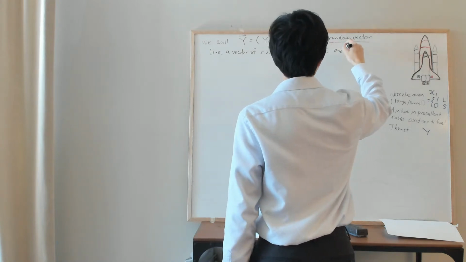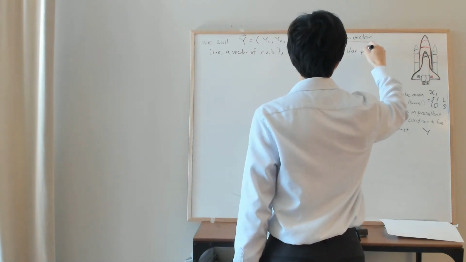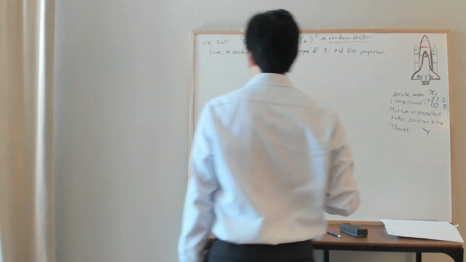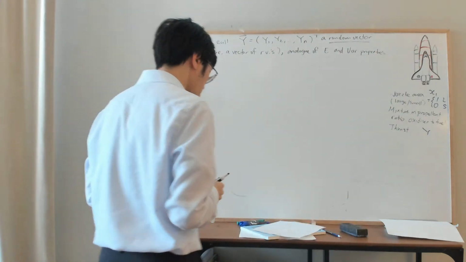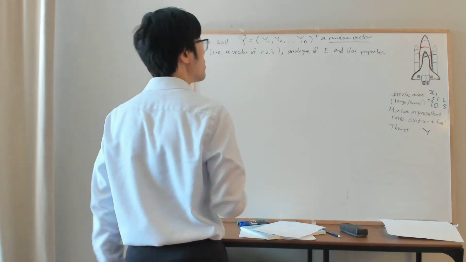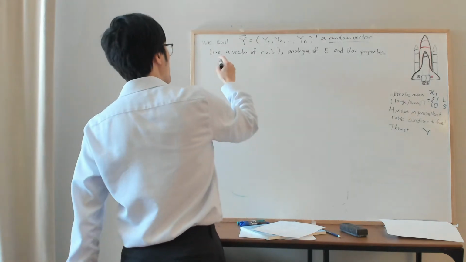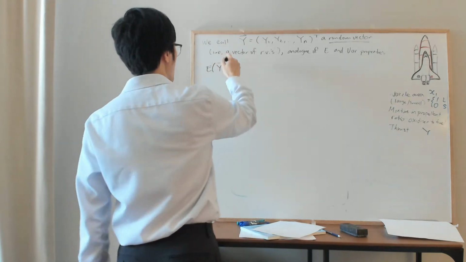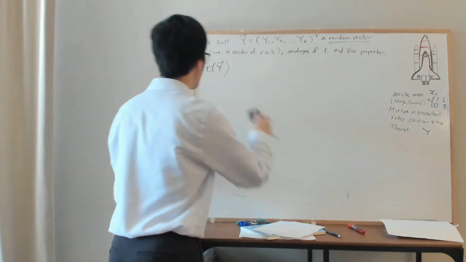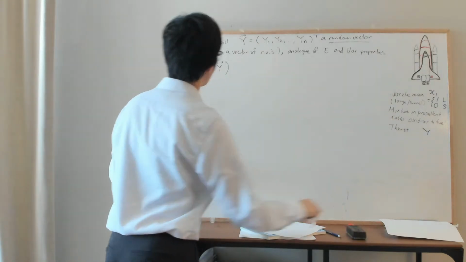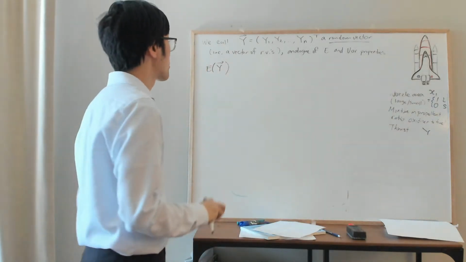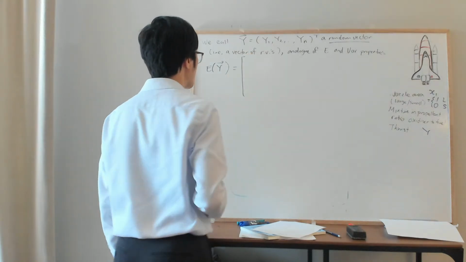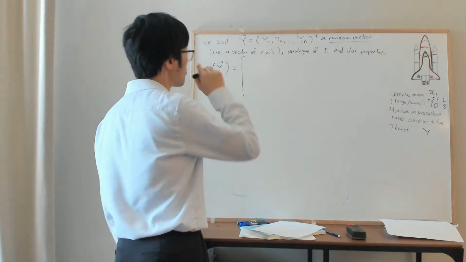When we talk about the expectation of a random vector, we use the same notation with E, just applied to the vector.